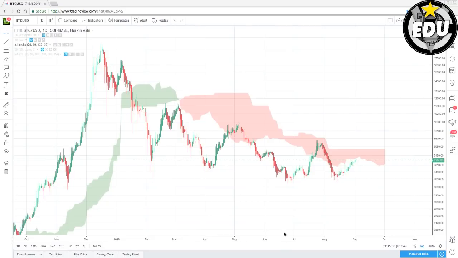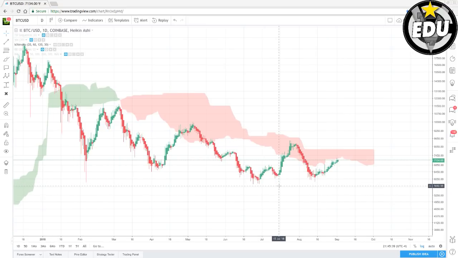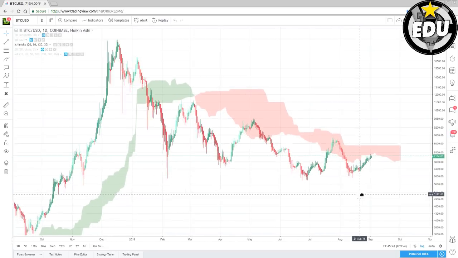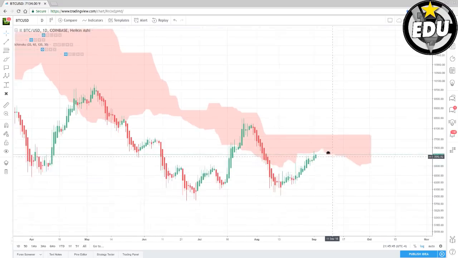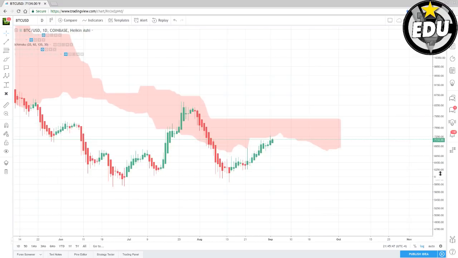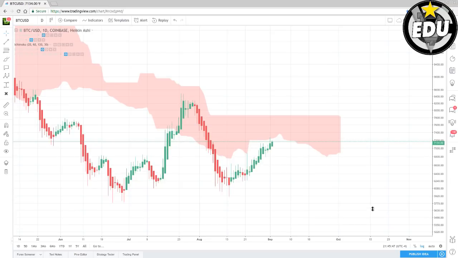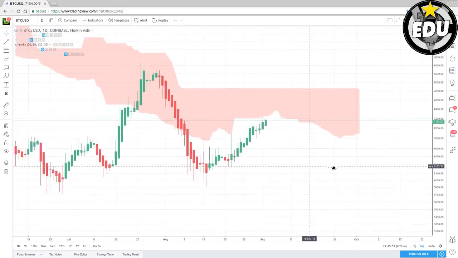Hey guys, just a quick update on BTC. Since I'm trying to look for some Elliott waves, I wanted to show you guys some tricks that I use in order to find them. Of course, Ichimoku for sure helps me to identify those waves every time.